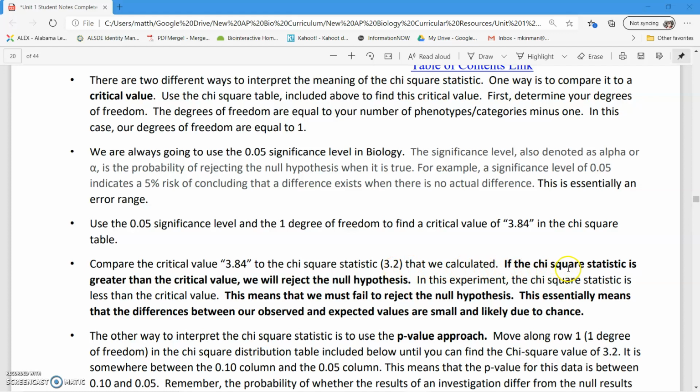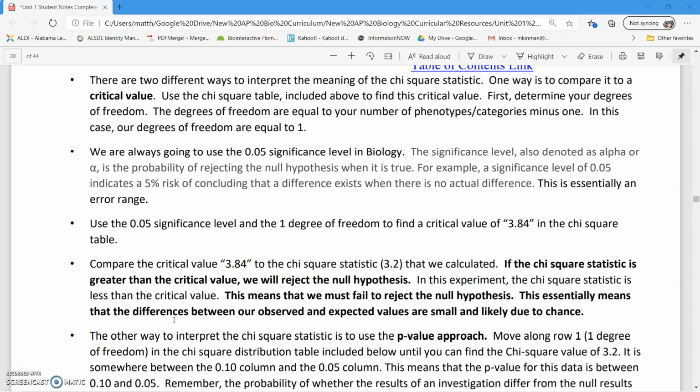If the chi-square statistic, the number that you calculated in the data table, is greater than the critical value, we will reject the null hypothesis. All right? So the opposite of that, if the chi-square statistic is lower than the critical value, then we will fail to reject the null hypothesis.